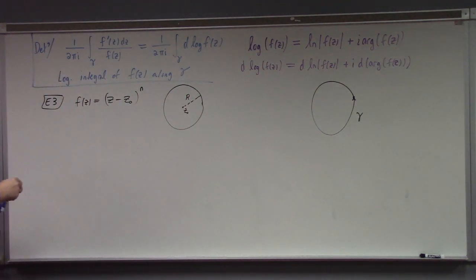But instead of doing what we usually do, which is just covering the circle once, let's cover it k times. Let's cover the circle k times in the counterclockwise sense.